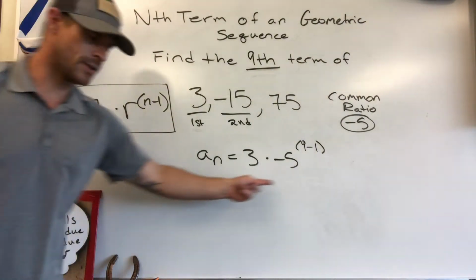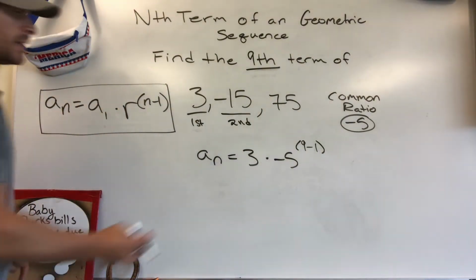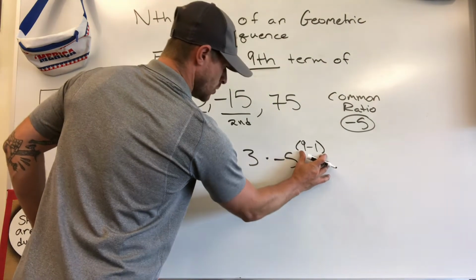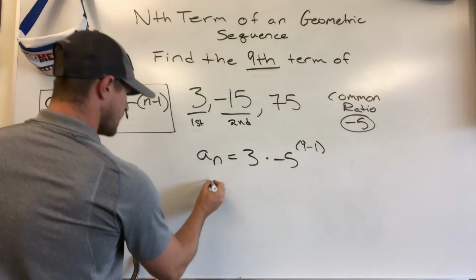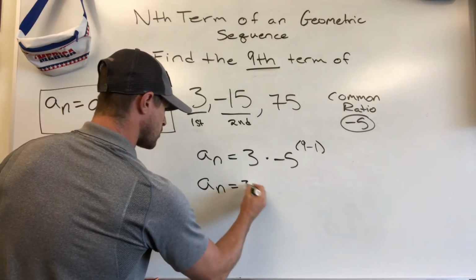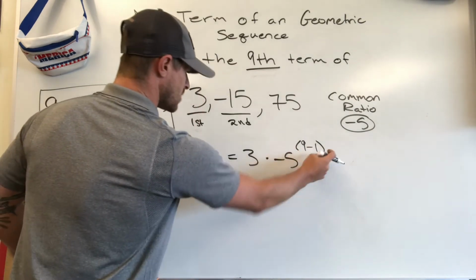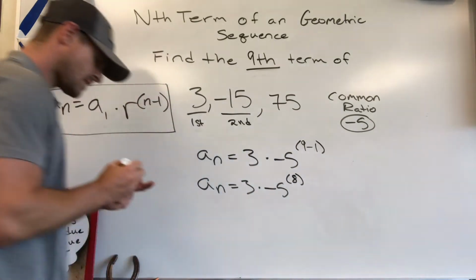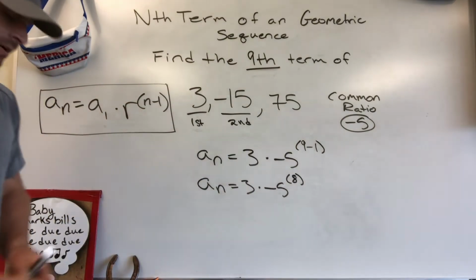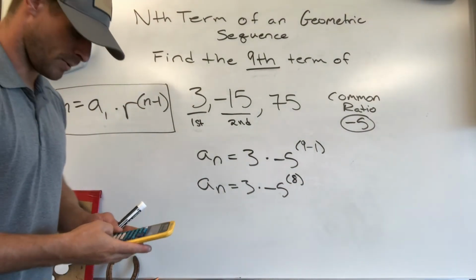So once you write it out, it's just a matter of solving it. So 9 minus 1 is going to be the first thing we need to do because we always start with parentheses. So now we have A_n equals 3 times negative 5 to the power of 9 minus 1, which gives me 8. Now negative 5 to the power of 8, I'll just grab a calculator and do that part.